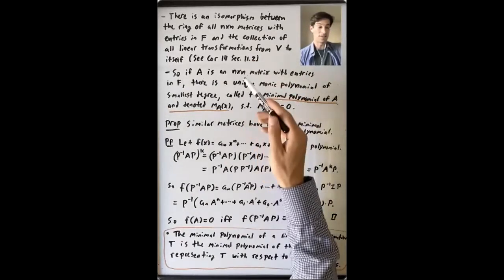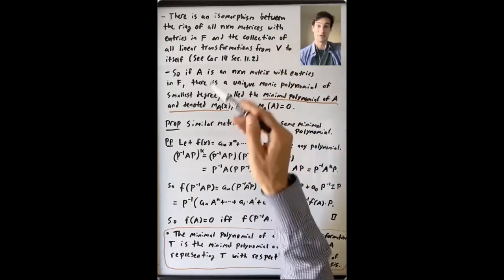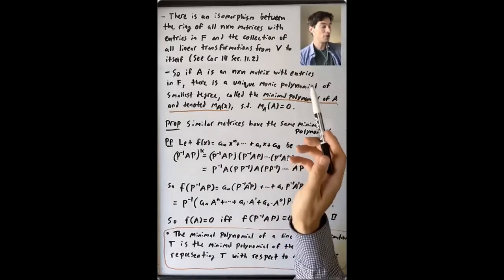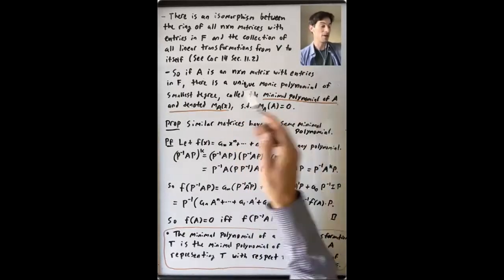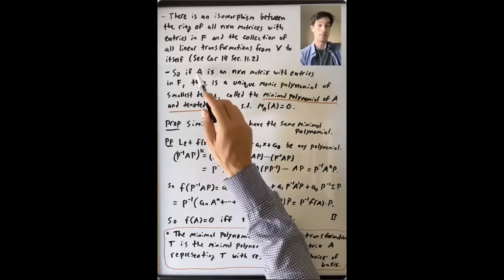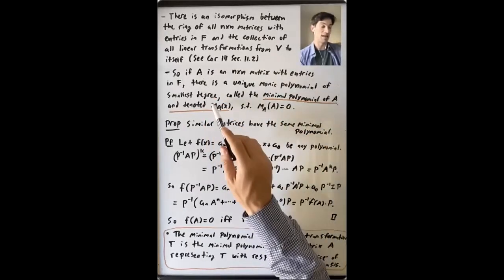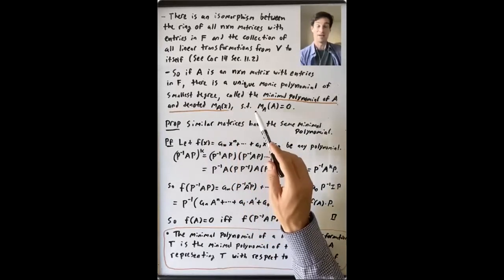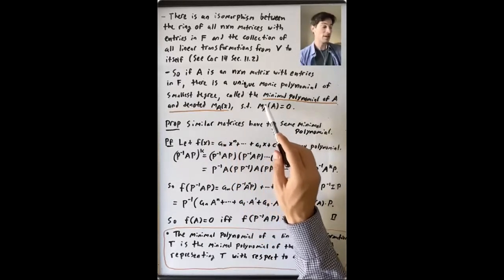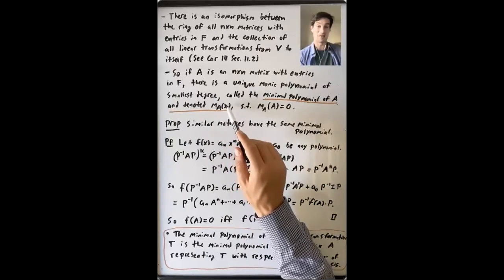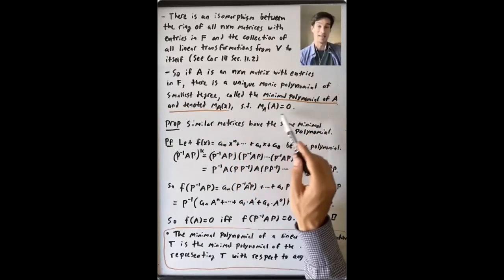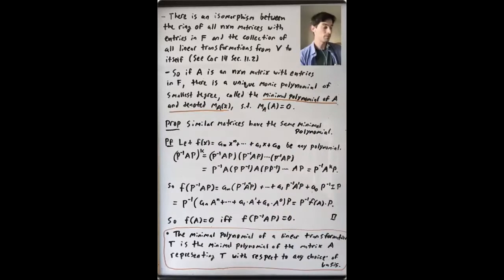Using this isomorphism that comes from choosing a basis for V, there is also a unique monic polynomial of smallest degree corresponding to this matrix A. This is called the minimal polynomial of A, denoted m_A(x). The defining property is that you put A in for x everywhere, and you get the all zero matrix.